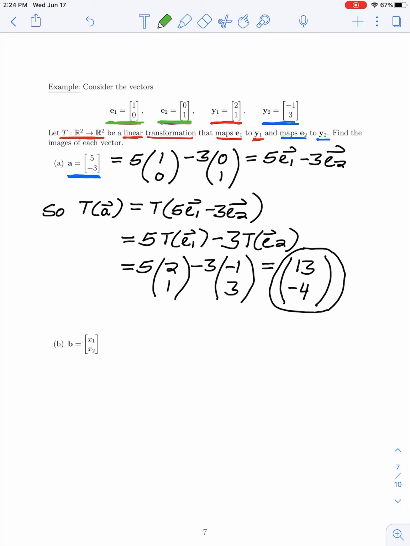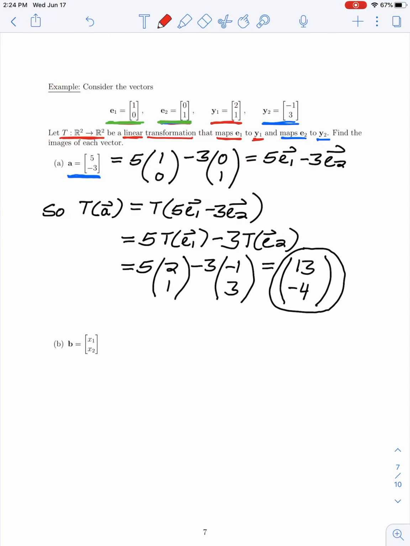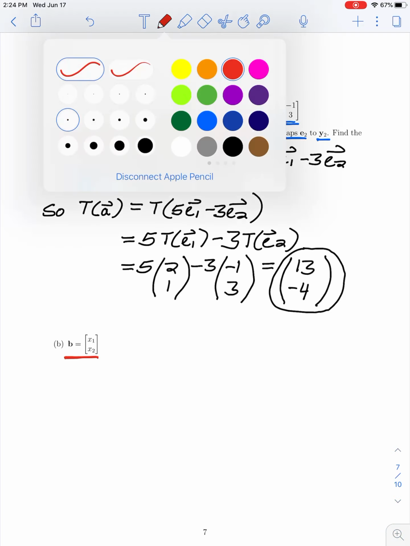Now let's say that we wanted to define our transformation T for any vector in the plane, not just the vector that we saw in part A. If we want to generalize this, let's consider the vector B, whose components are arbitrary. Let's say any point (x1, x2) in the plane.